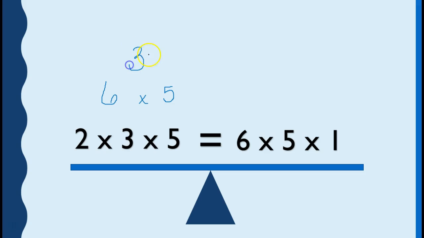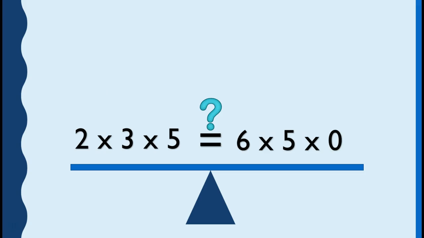Well, I know that that is 30. And let's come over to the other side. 6 times 5 is 30 times 1. Well, that's still 30. So yes, I can say that this equation is equal. This is a valid equation. Both sides have the same value.